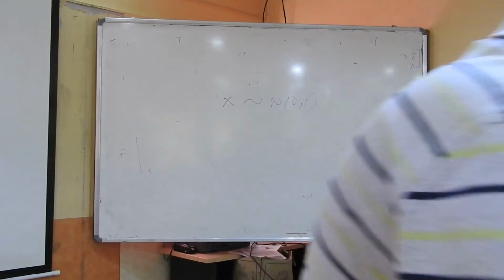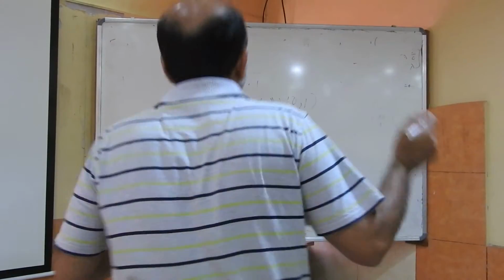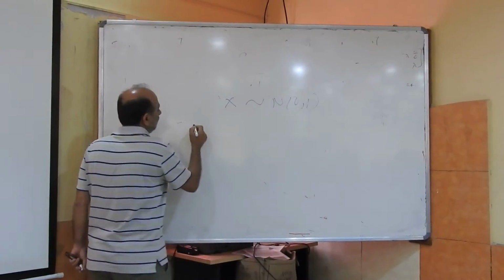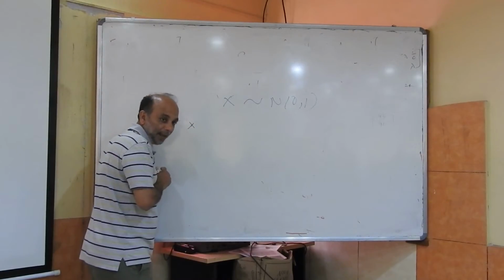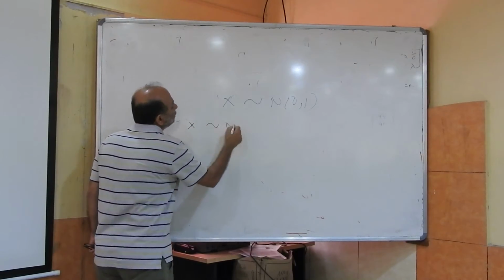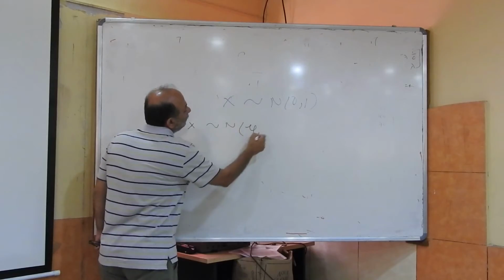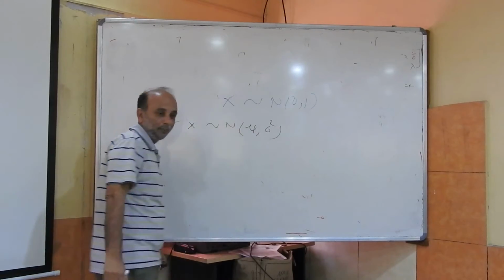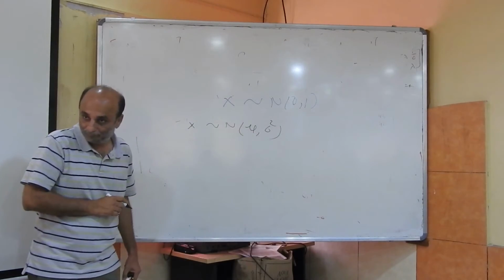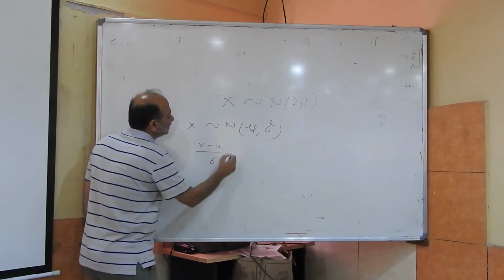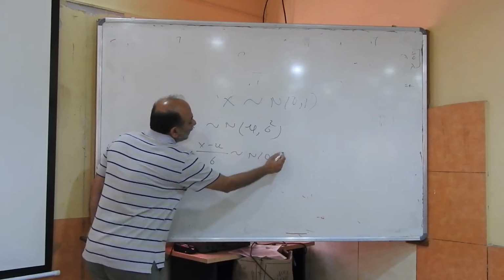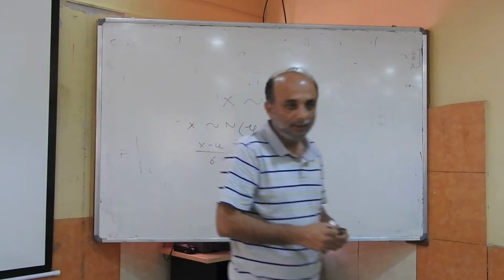That's a standard normal. Now the second important point from the last class: if you take any random variable x, which is normally distributed with mean mu and variance sigma square, then (x minus mu) by sigma becomes the standard normal. Do you remember this?